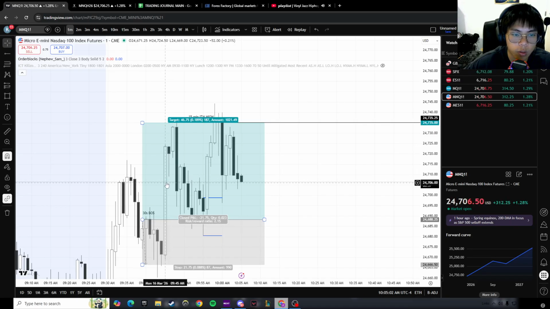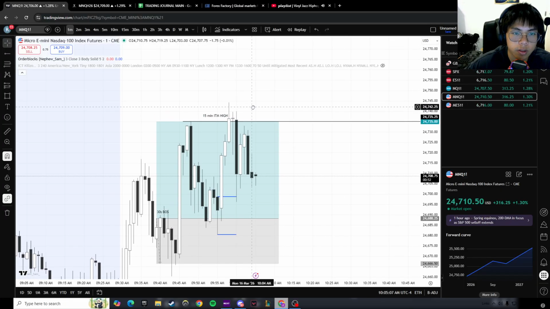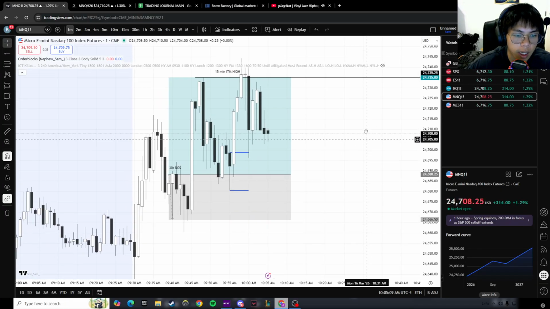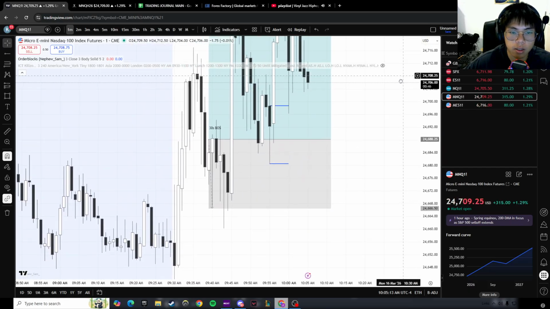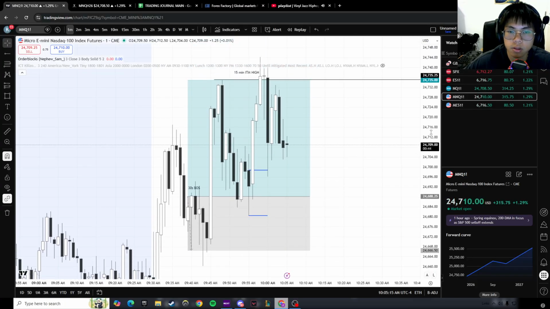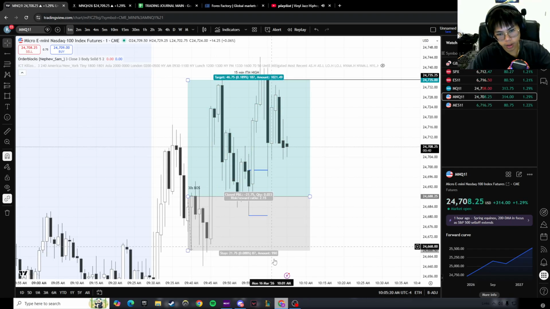We got the close all the way up here, so it was a little scary. Once price reswept this swing high here, I moved to break even. So I took 2 trades today. 1 loss, 1 break even, but it is what it is. It's part of the game.